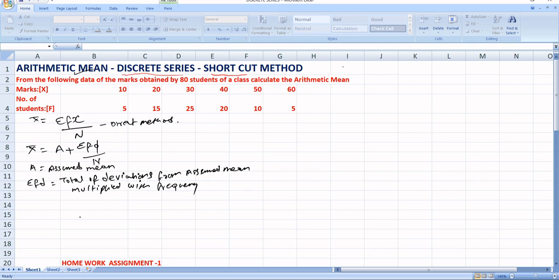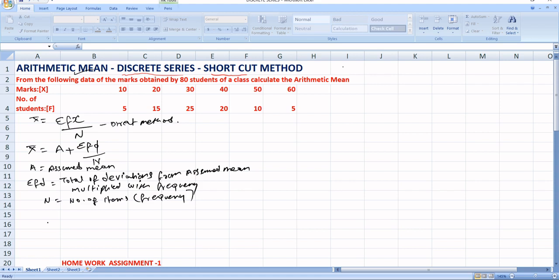So here, my dear students, n is equal to number of items, that is frequency, that is in this case total number of students.